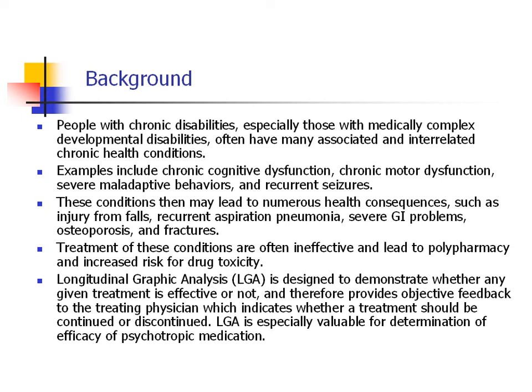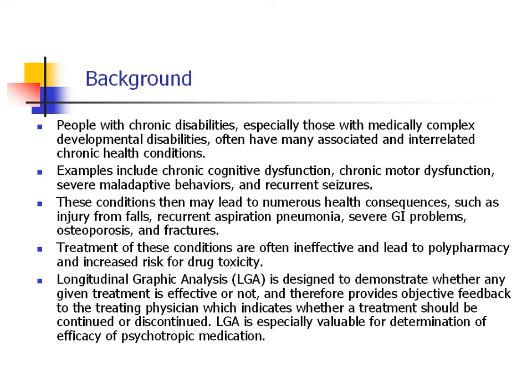To give you a little background, first, people with chronic disabilities, especially those with medically complex developmental disabilities, often have many associated and interrelated chronic health conditions. Examples include chronic cognitive dysfunction, chronic motor dysfunction, severe maladaptive behaviors, and recurrent seizures.